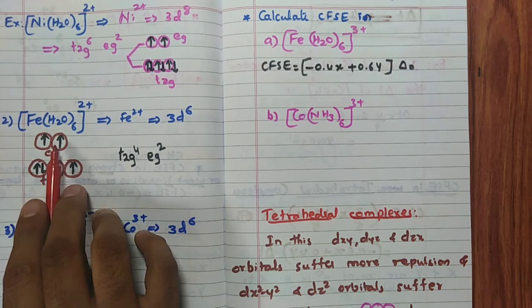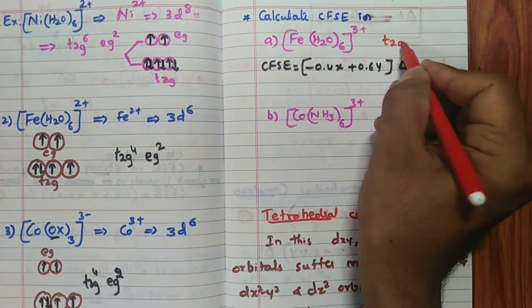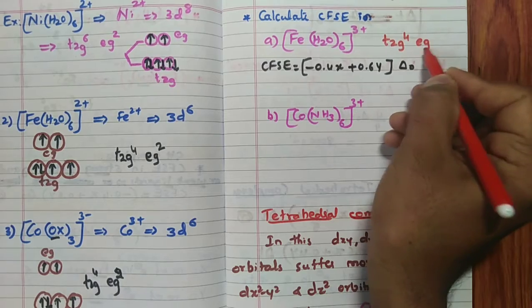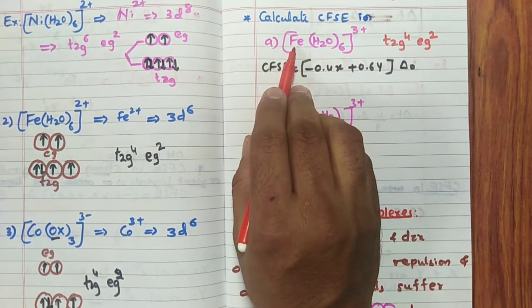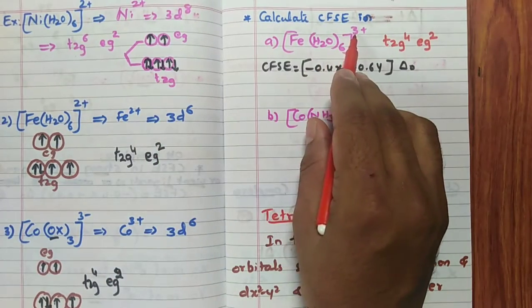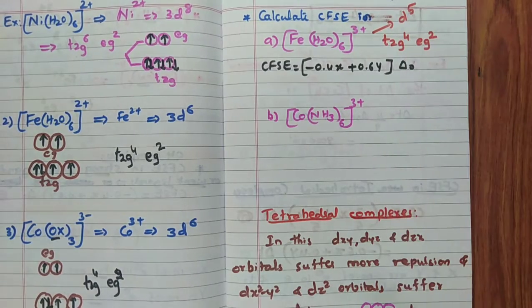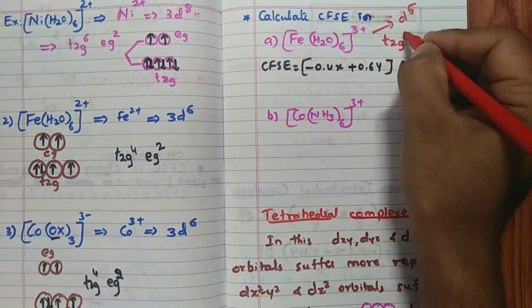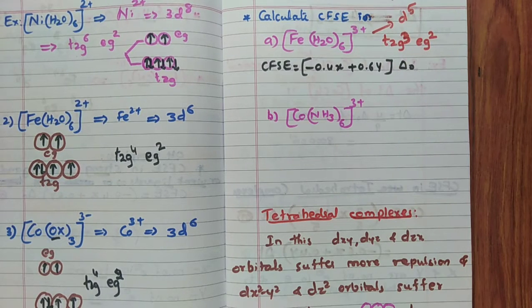Already we have written the configuration here. T2g4 and Eg2, because it is d6 system, Fe2 plus. Sorry, here Fe3 plus is there, fine. Fe3 plus I have taken. Fe3 plus means, remember, it is d5 system. d5 system means 1, 2, 3, 4, 5. So it is T2g3, Eg2 you are going to get.